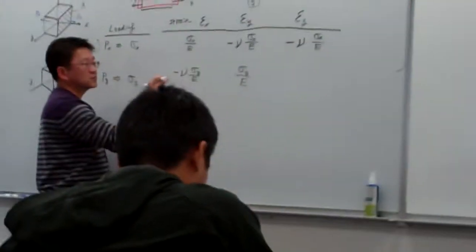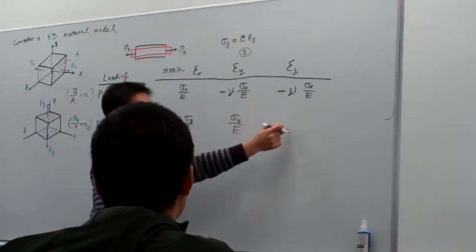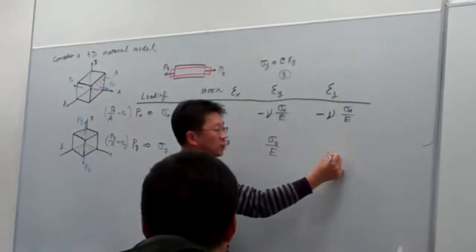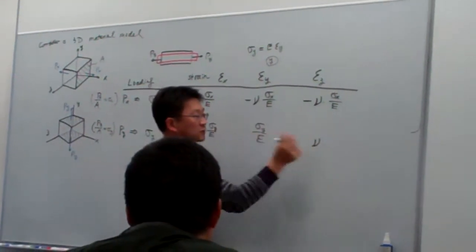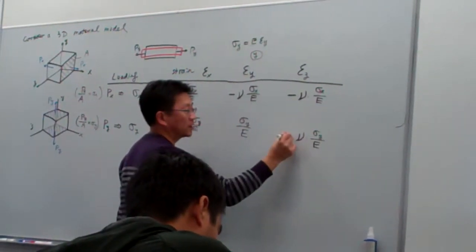And give the minus because that's shrinking. The same thing: this is the lateral strain, which is equal to the Poisson ratio multiplied by the axial strain, with the minus.